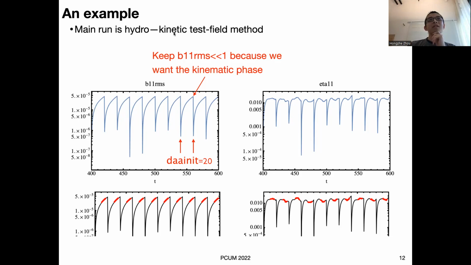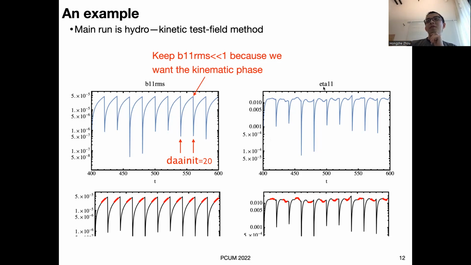Because in this example I want to study a kinematic dynamo. That means we want to keep the magnetic field dynamically unimportant, so we want to keep it small. That's why we reset it. If we don't do that, it will grow, perhaps to some very large values if your magnetic Reynolds number is somewhat large. That's why we have this resetting mechanism.